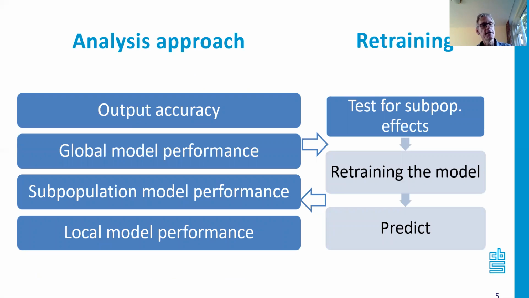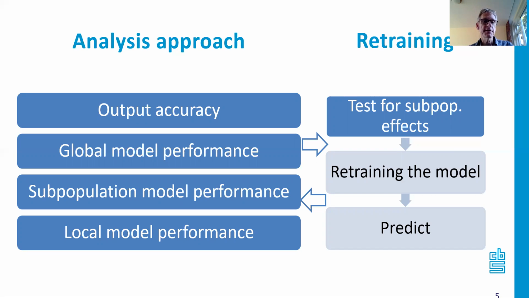Now, how did we analyze the effect of the subpopulations? We had two blocks. We had the analysis approach and we had the retraining. So I start with the analysis approach. And we had 4 layers. We looked at the accuracy of the output, so the percentage of estimated cyber. We looked at the model performance at a global level, so what about F1 scores, precision and recall, these kind of things.